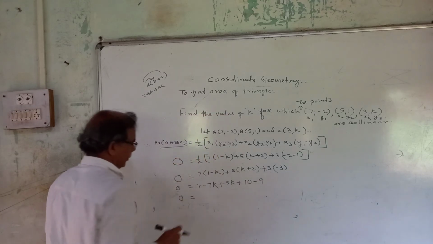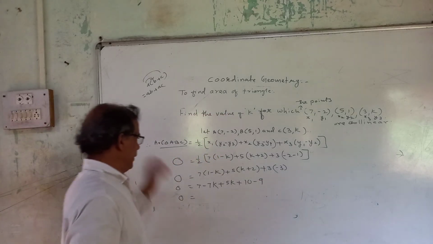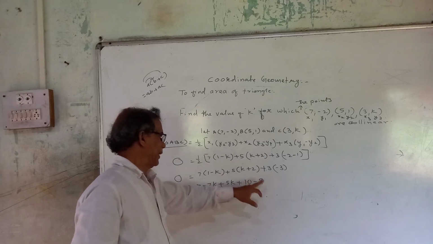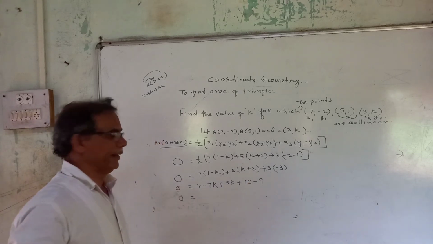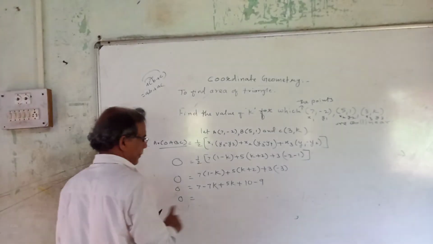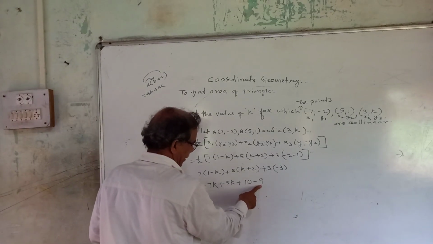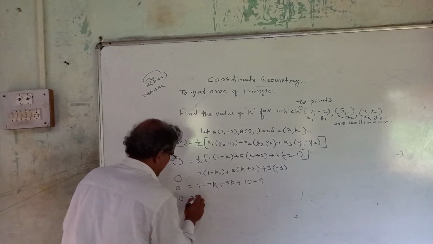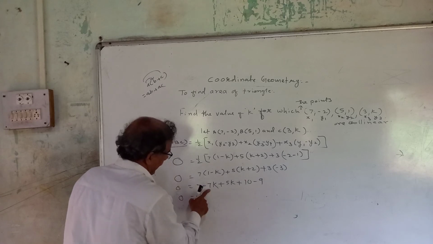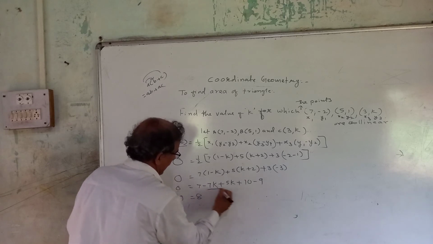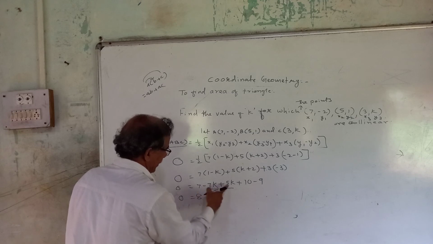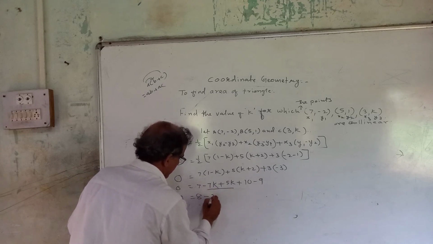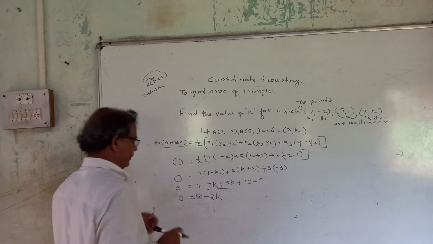So 0 is equal to. Now see, this 7, this 10 and this minus 9, they are integers, isn't it? So we have to add them. 10 minus 9, 1, 1 plus 7 means 8. Minus 7k plus 5k, these are like terms, we can add them. Minus 7k plus 5k means minus 2k.